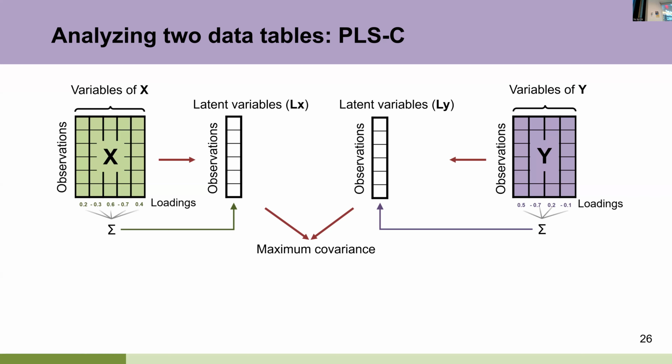And this is my first dimension. So my first dimension is supposed to explain the most covariance between these 2 sets of variables. So it's describing the association. Make sense so far?